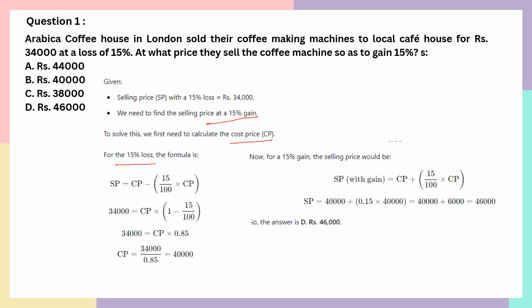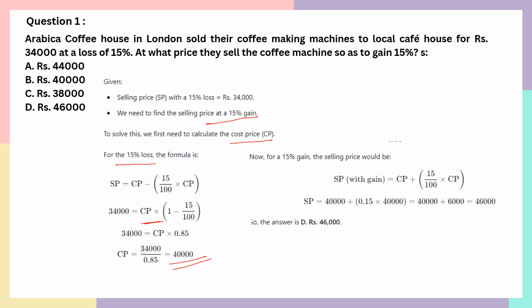So let's take the cost price common. Here it will be 1 minus 15 upon 100. By simplifying this, we get the cost price into 0.85. In the last, the cost price will be 34,000 upon 0.85, which gives 40,000. So we have found the cost price.